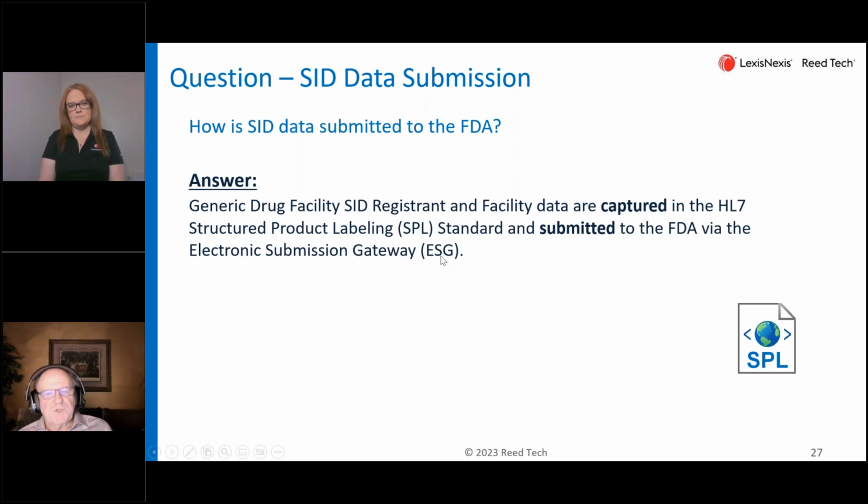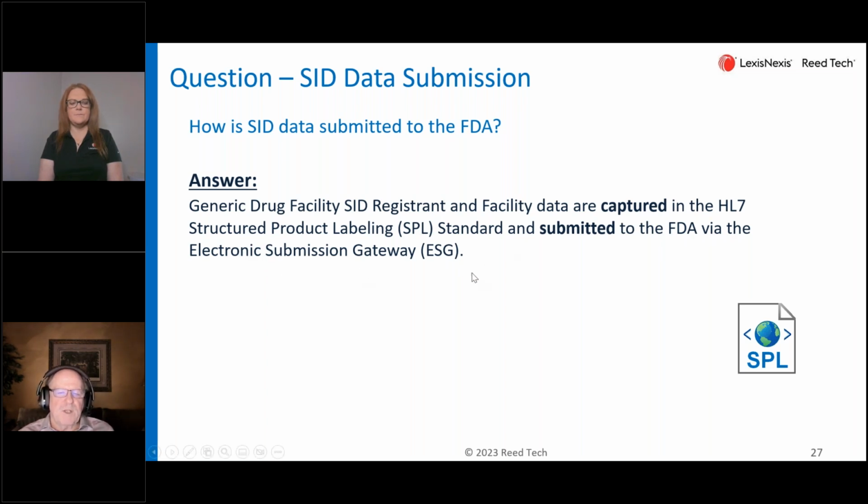So the information is captured in that SPL standard, and once that document is written, it is an XML-based document, and then the file is submitted to the FDA via the electronic submission gateway, the ESG.